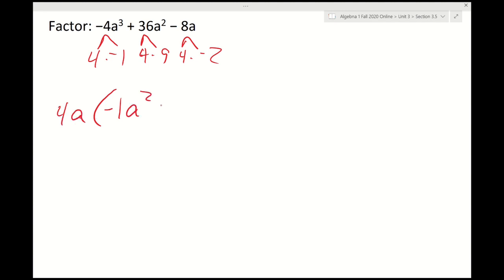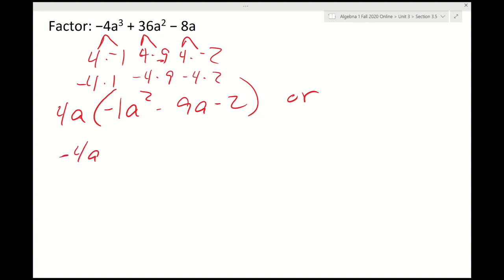So that leaves us with an a squared, a negative 9a, and a negative 2. Or we could think of it as a negative 4 times 1, a negative 4 times 9, and a negative 4 times 2, which would be a negative 4a, 1a squared, plus 9a plus 2. Both of those are ways of finding a common factor in this case.